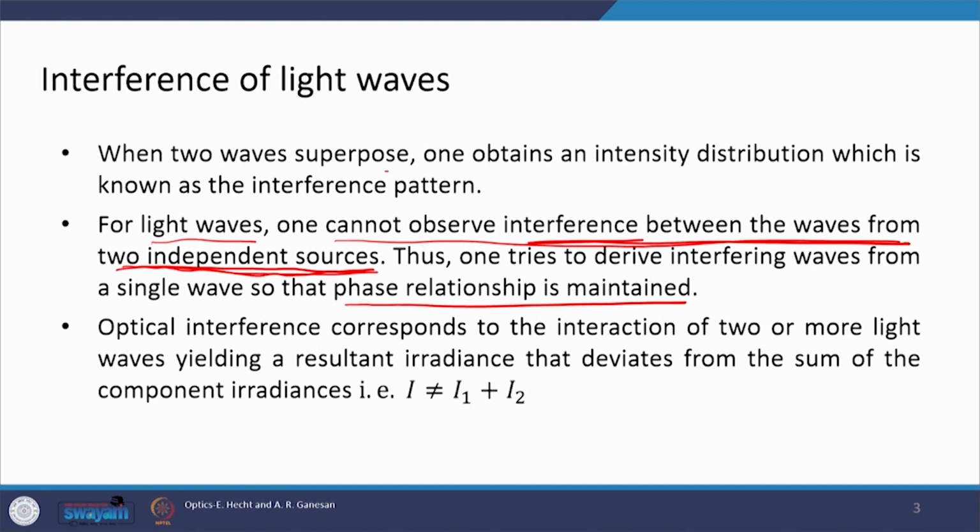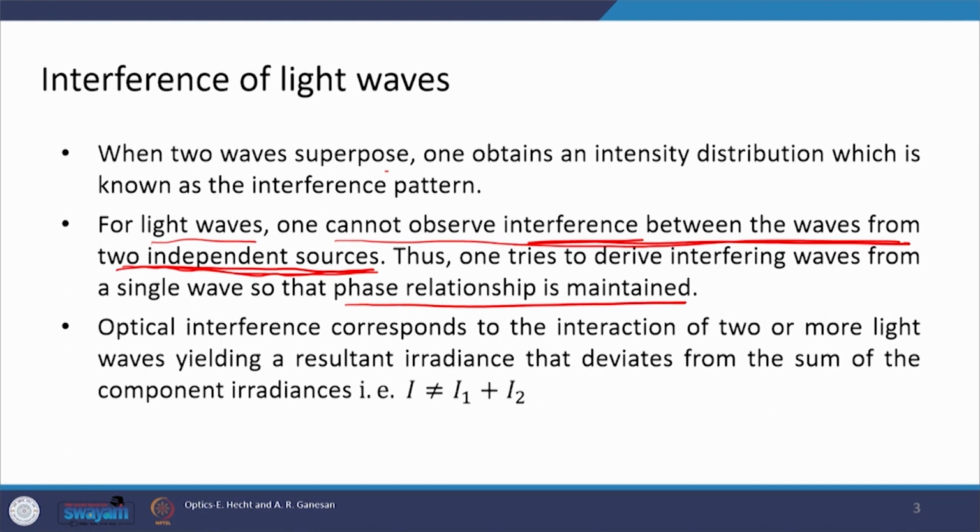And if the phase difference is constant, these two waves are called coherent waves, and the interference pattern produced by these two interfering waves is very beautiful. You will see very bright maxima, dark minima, and their positions do not alter with time.